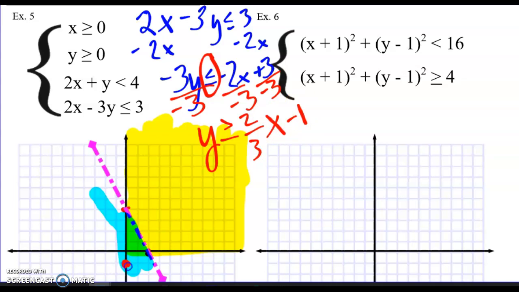So negative 1 is my first spot, and then I go up 2, right 3. Okie dokie, up 2, right 3. Is that a solid or dotted line? That one's going to be solid. So there.